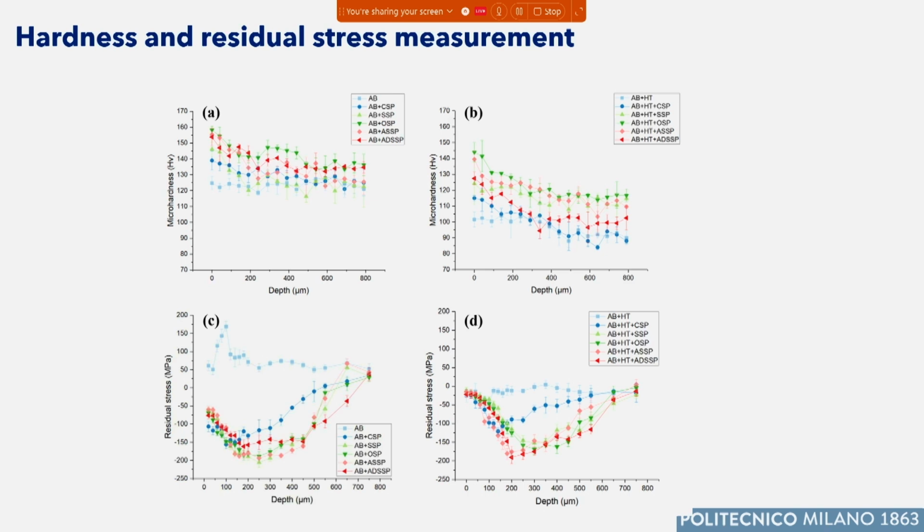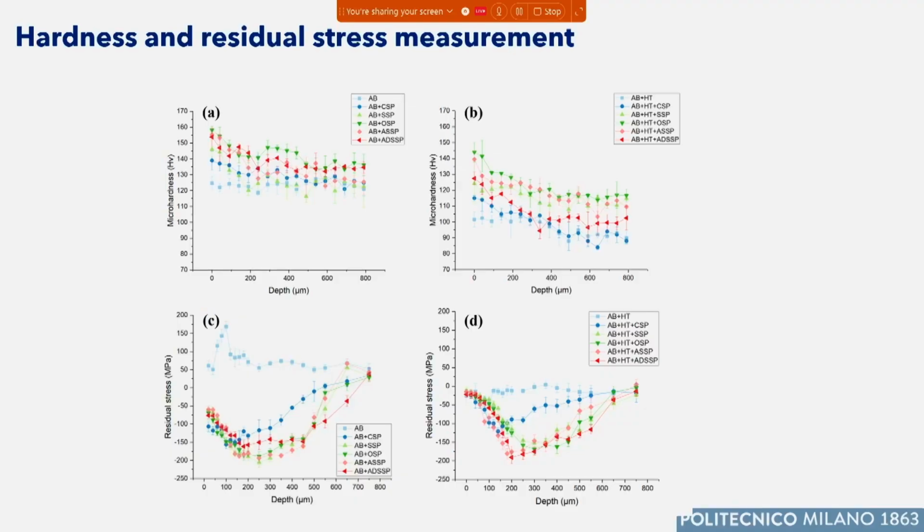In terms of residual stresses, a similar comment can be made. The strong effect of every shot peening treatment is observed with respect to the as-built material. If we consider overshot peening and severe shot peening, and compare them with ASSP or ADSSP, the trend of residual stress is almost the same.